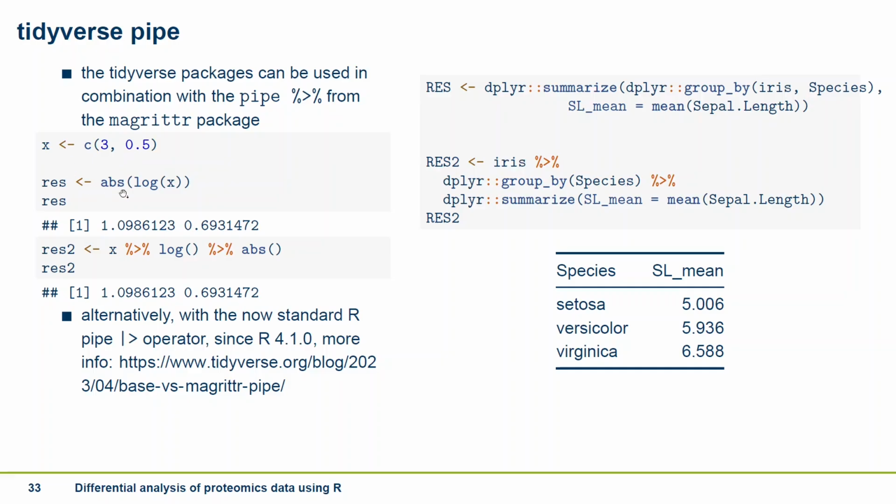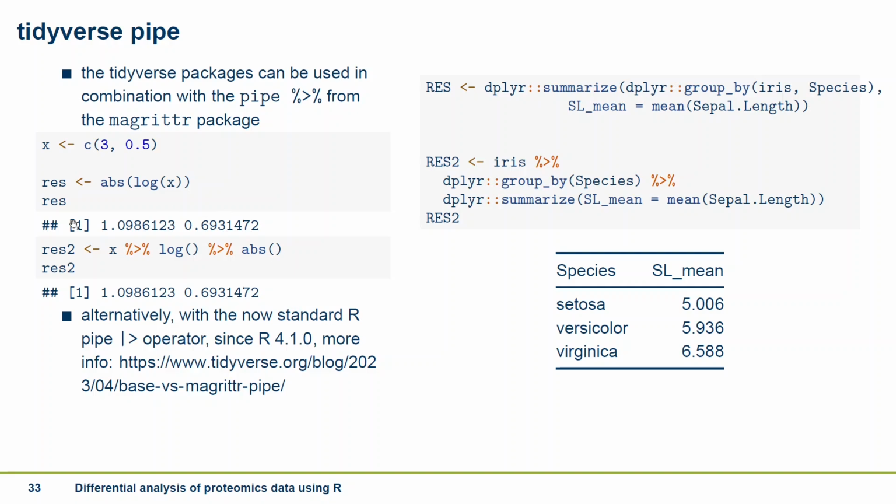And here, for example, I can calculate the absolute value of the log of x. This is how I would write this in base R, basically. But if you use the tidyverse style with pipes, you would write x is piped into the log function, and whatever comes out of it is piped into the abs function.